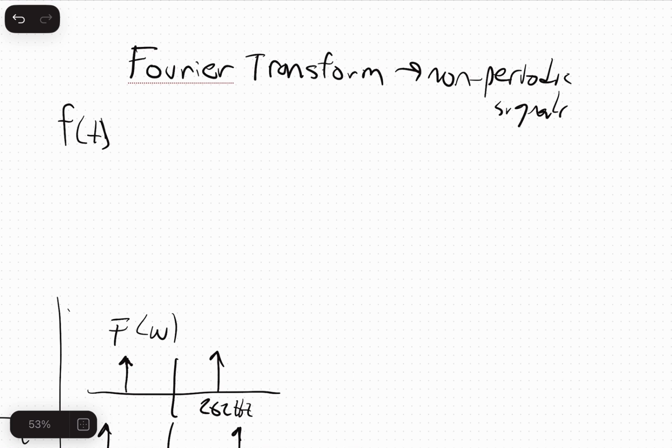Okay, so how does it work? What is the math behind the Fourier transform? Let me explain this. Let's say we have a function of time, and we want to apply a Fourier transform to it.